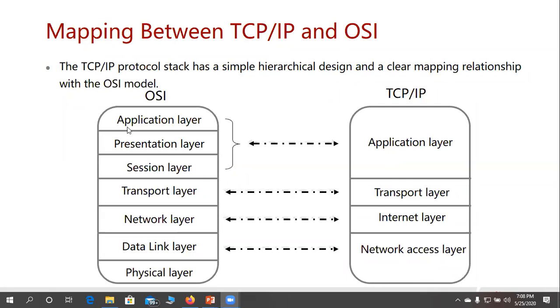These first 3 layers will just give us the application layer in the TCP/IP. The transport layer will remain. The network layer will become the internet layer. And then these last 2 will be combined into one, and it will become the network access layer. And of course, nowadays, this is what we use, okay?